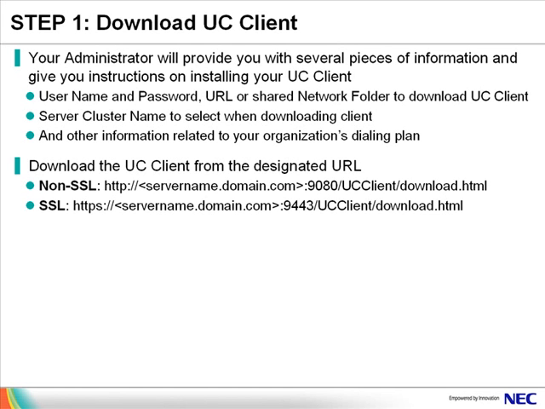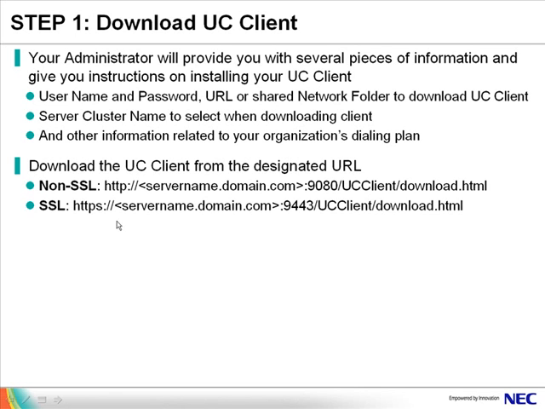He'll provide what the server cluster name is that you'll need to input to the UC client, and he'll provide other information about what you need when you install the UC client. Now, the URL, if that's the method being used, would be in one of two formats.